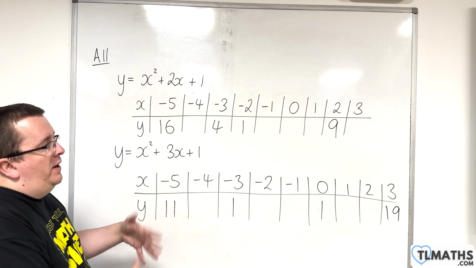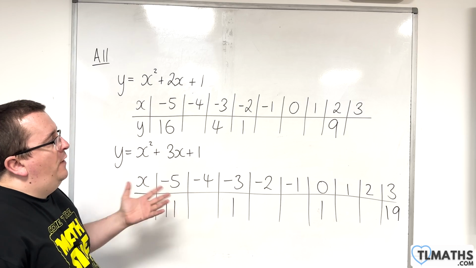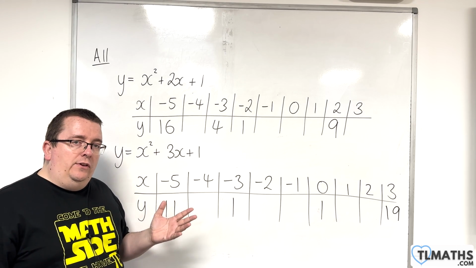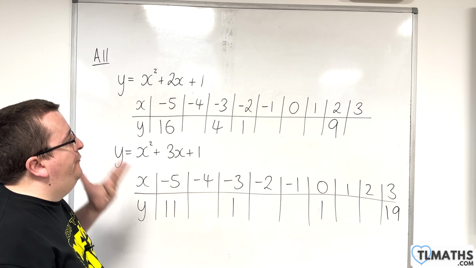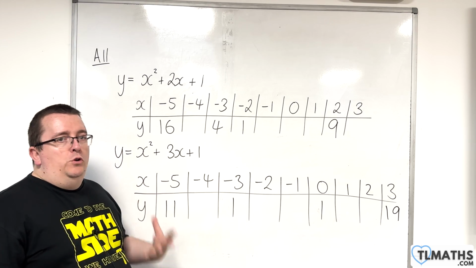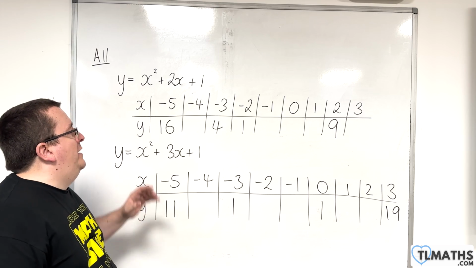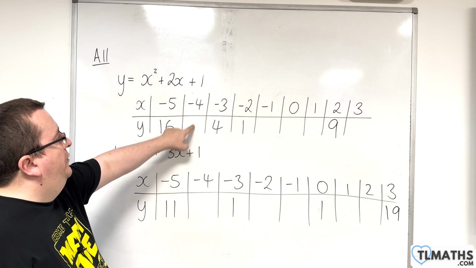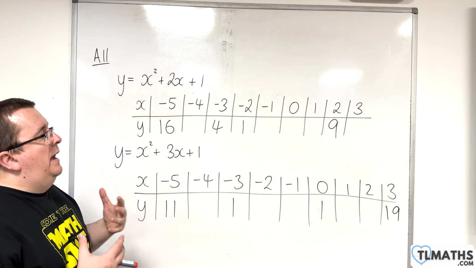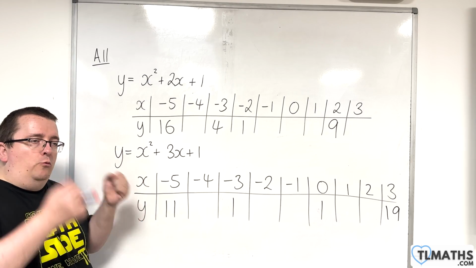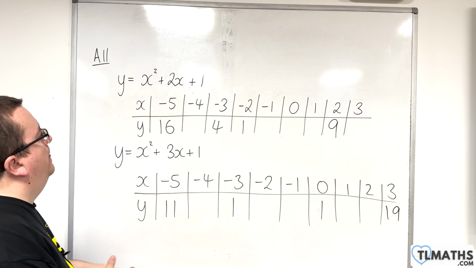We're not going to do that in this video, that's coming next, but the idea is, if I've got a partially complete table like this, how can I fill it in the fewest moves possible? So that you're not actually having to substitute -4, -1, 0, 1 and 3 and doing all of those. We want to be able to spot the symmetry and let that help us.